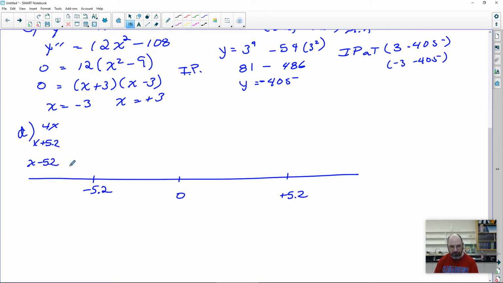Okay, so the 0 one is going to be there, and we're going to have negatives and then positives as we go past the 0. Now x plus 5.2 would be 0 at negative 5.2, negative below that and positive above it.